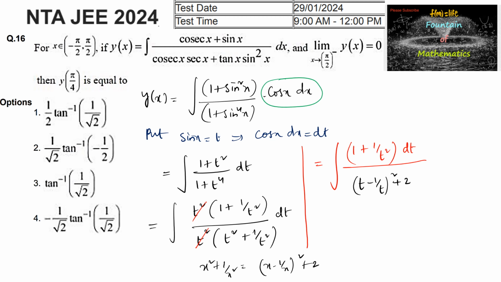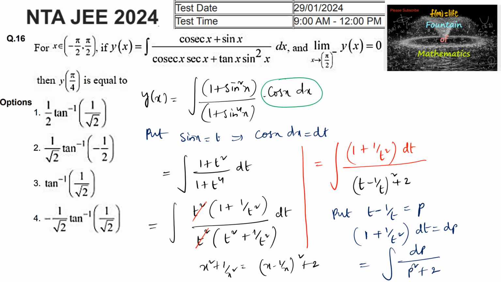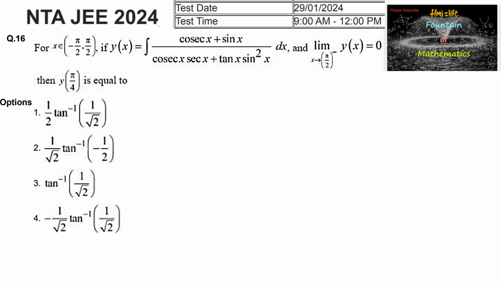So let us put t minus 1 upon t equal to p. Differentiating, we get (1 plus 1 by t square) dt equal to dp. So our integral can be written as dp divided by p square plus 2, so we can write the integral of dp upon p square plus root 2 whole square.